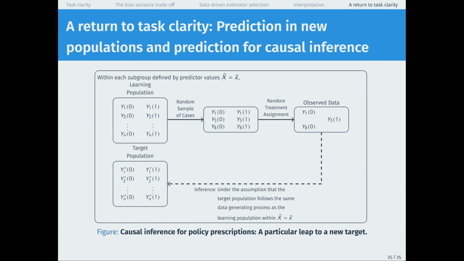Then you could learn a prediction function to predict the whole table of potential outcomes in the target population, because our cases are a random sample from that learning population, and then the observed outcomes are a random sample of the potential outcomes for all those units. So this works in cases where we have random assignment and random sampling.